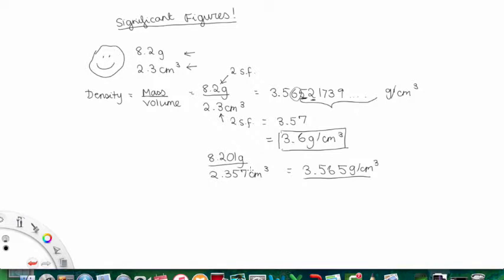So now let's get more into the nitty-gritty of sig figs. So like I mentioned previously, if we have a number, let's say 50.00 grams, we can rewrite this as 5.000 times 10 grams, right? That's just multiplying 5 times 10 to get 50.